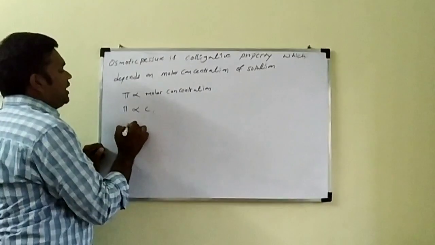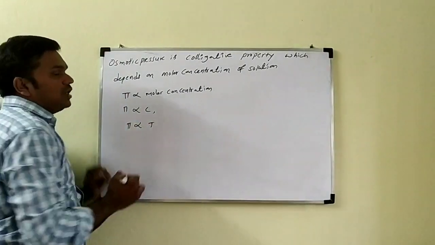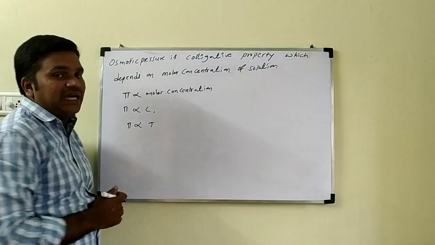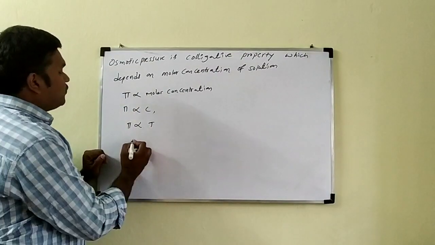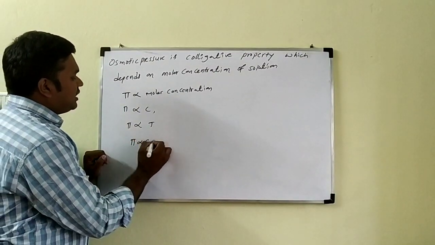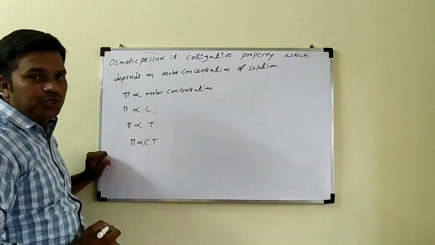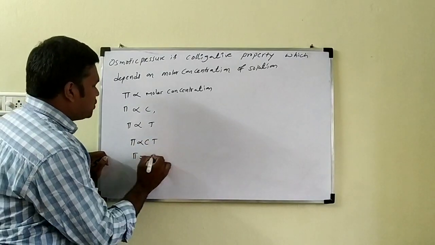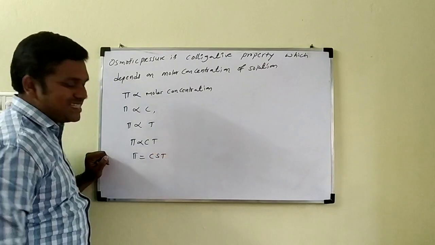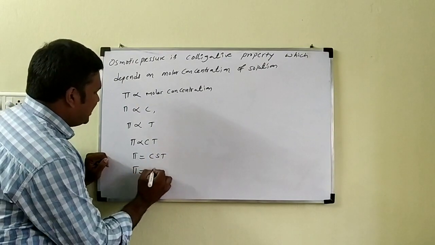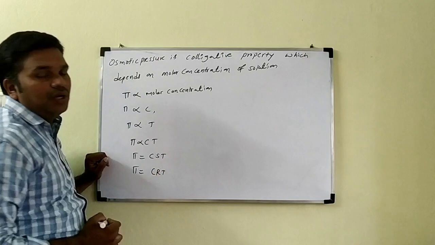Pi is also directly proportional to absolute temperature, that is pi directly proportional to T. So from these two, pi is directly proportional to C into T. I am writing pi is equal to C into S into T, or you can write pi is equal to C into R into T.